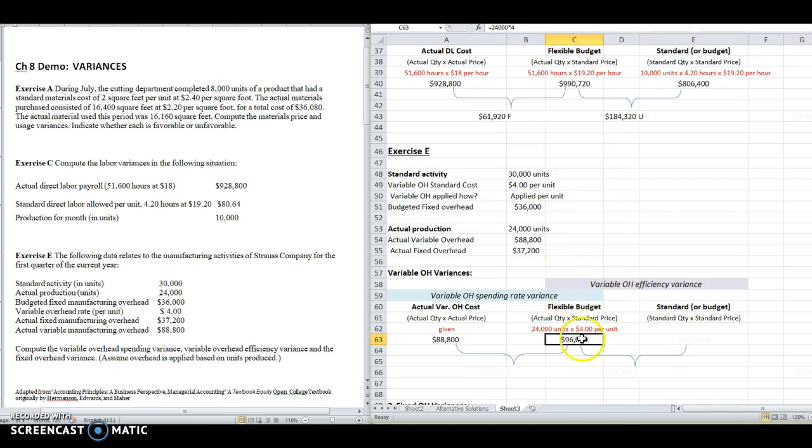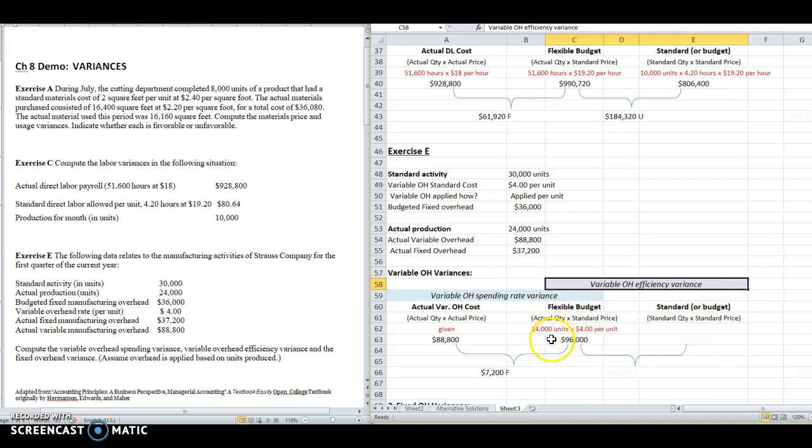So this will give me $96,000. If we compare these two, my actual cost is less than my flexible budget, which is a good thing. So that gives me a variance of $7,200.